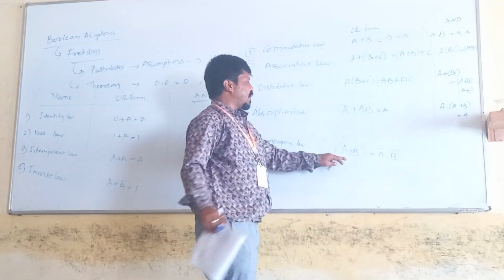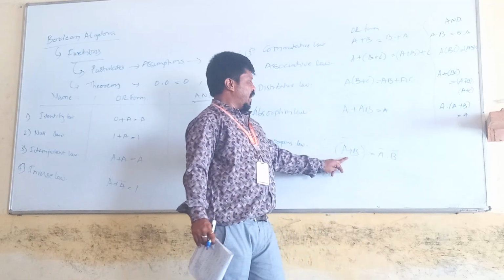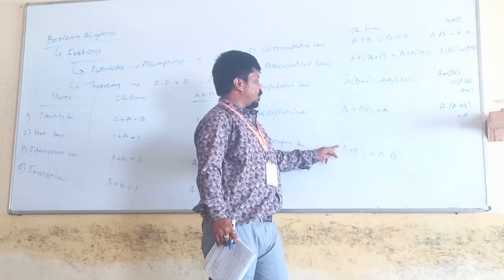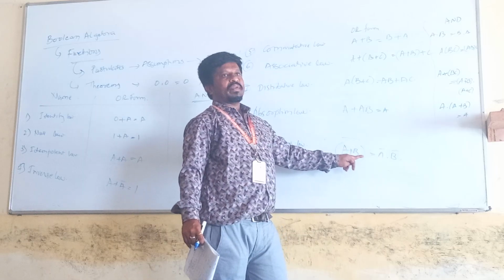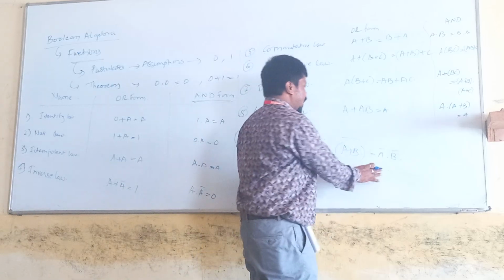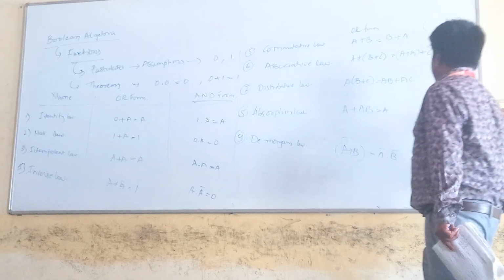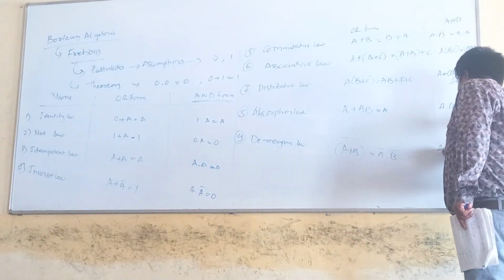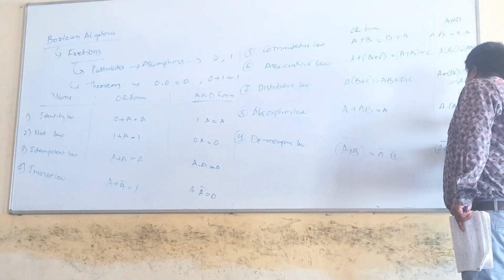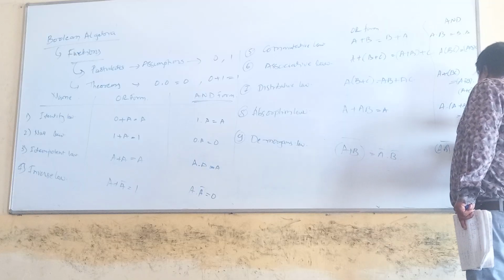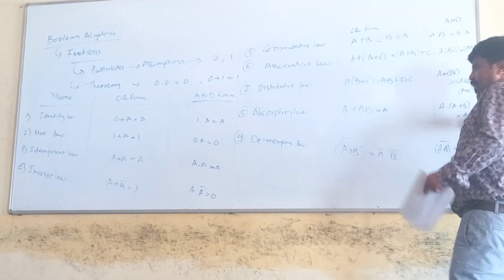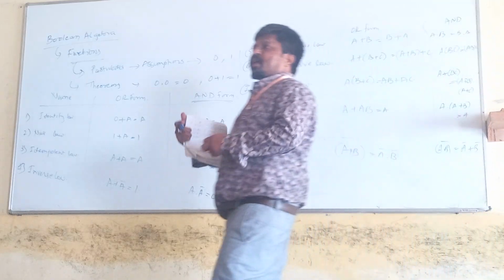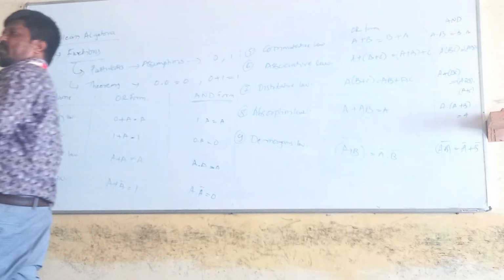It means just change the plus to dot and put the bar on each and every element here. This is De Morgan's theorem. I can also write this in the dual form as a dot b, whole bar, equals a bar plus b bar. De Morgan's theorem can also have three variables, four variables also.